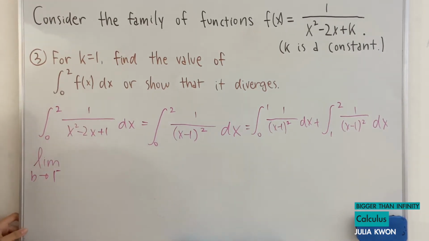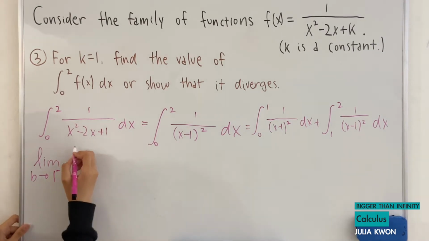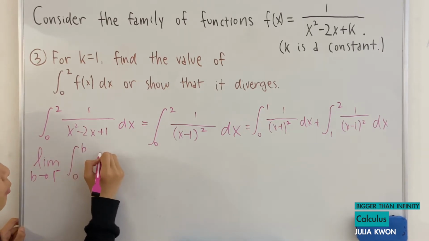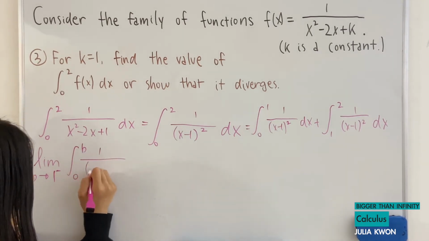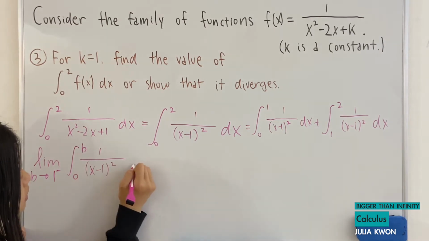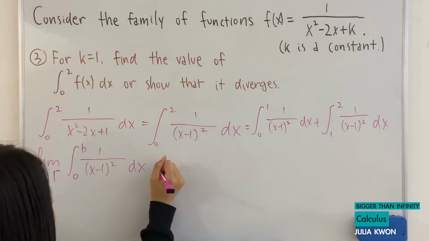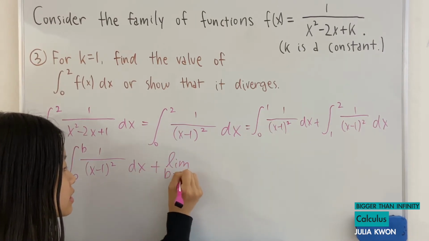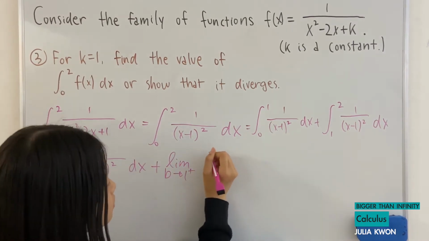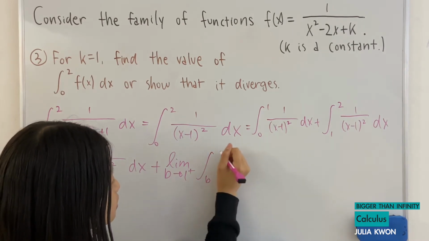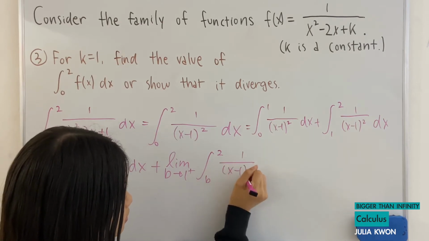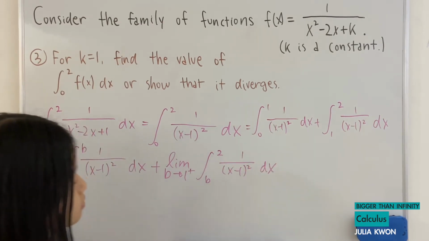The limit as b approaches 1 from the negative side, so from the left, of the integral from 0 to b of 1 divided by (x minus 1) squared dx, added to the limit as b approaches 1 from the positive side of the integral from b to 2 of 1 divided by (x minus 1) squared dx.